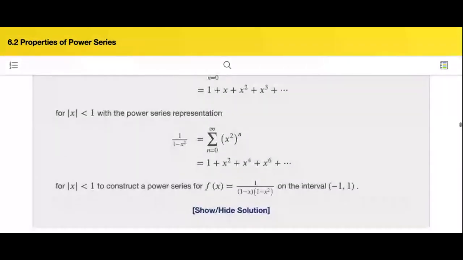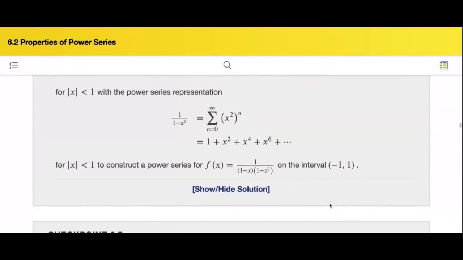Of course, for both, the absolute value of x is less than 1, and both intervals are from -1 to 1.